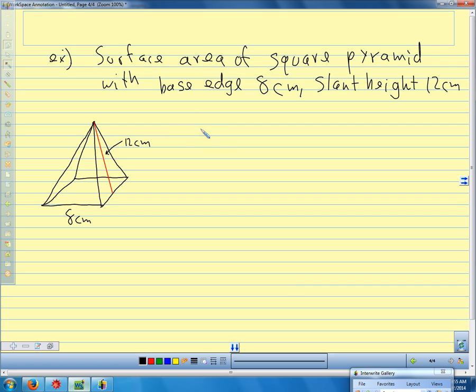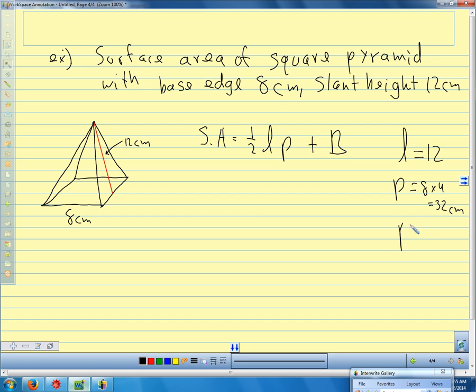We know that the surface area is 1/2 LP plus B. Well, the slant height is 12. What's the perimeter of the base? What's P? 8 times 4, which is 32 centimeters.